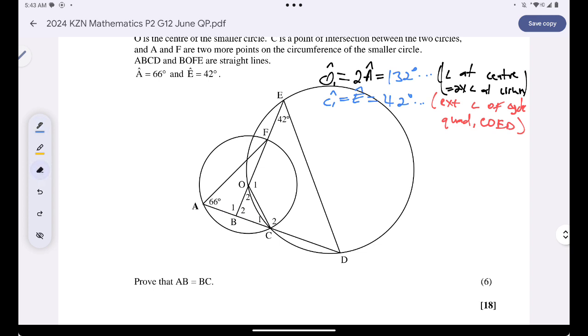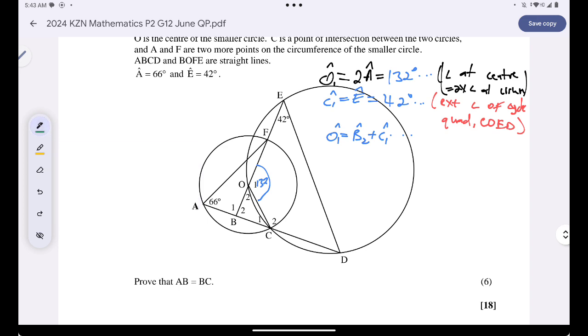Now I have the size of this angle. It's 132. I have this size as well, 42. So I can find the size of B2 now. Why? I can say that O1 is equal to angle B2 plus angle C1. Let me erase this. Why is this thing true?